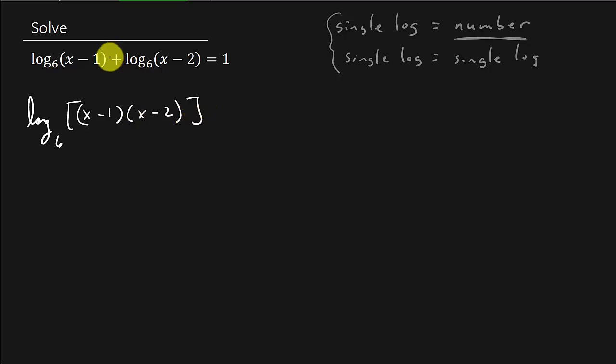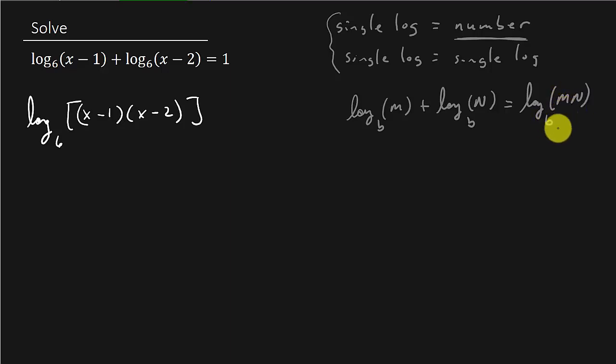Remember, when addition comes together as multiplication, there was a property you learned that says the log of m with base b plus the log of n with base b is equal to the log of m times n with base b.